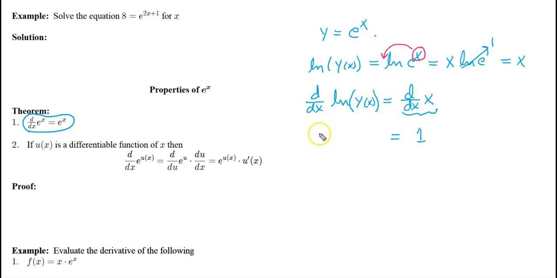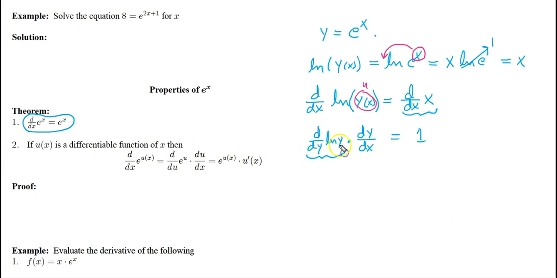So here we have to look at this as being d dy of the ln of y times dy dx. You can think of this as being like a u in here if you like, and then going d du, ln of u times du dx, but we can just leave the y in place of the u. And so we get this down here.